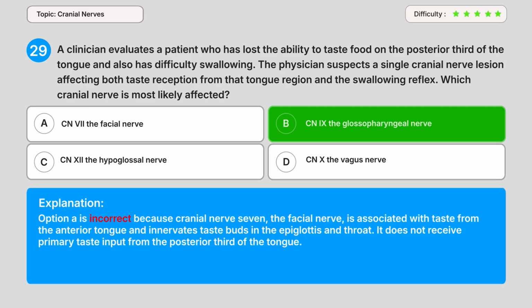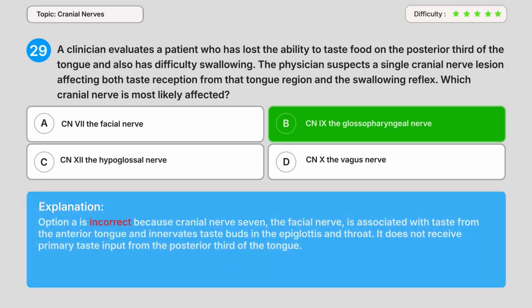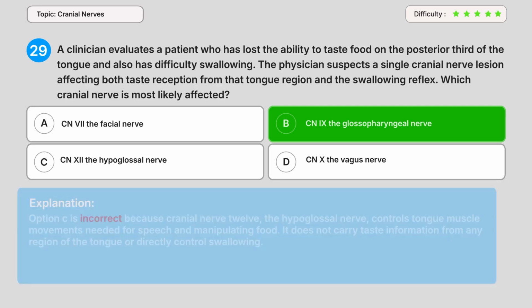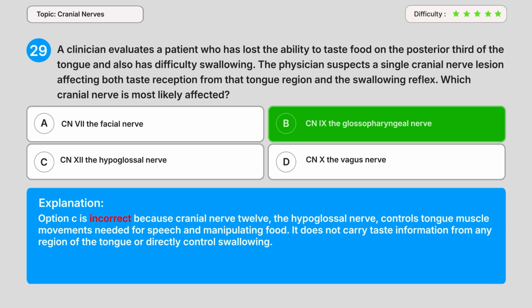Option A is incorrect because cranial nerve 7, the facial nerve, is associated with taste from the anterior tongue and innervates taste buds in the epiglottis and throat. It does not receive primary taste input from the posterior third of the tongue. Option C is incorrect because cranial nerve 12, the hypoglossal nerve, controls tongue muscle movements needed for speech and manipulating food.